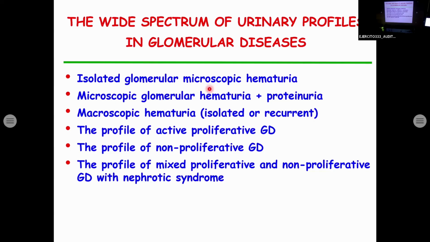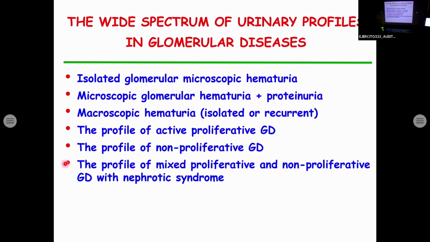Isolated glomerular microscopic hematuria, which I have just described. We may have patients with microscopic glomerular hematuria plus proteinuria, typical, for example, of IgA nephropathy. We may have microscopic hematuria, isolated or recurrent, again, as it happens in IgA nephropathy, isolated acute post-infectious glomerular disease. We may have a profile of active proliferative glomerulonephritis or a profile of non-proliferative glomerulonephritis.